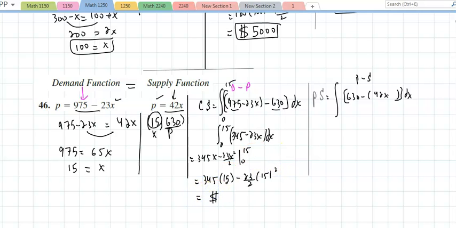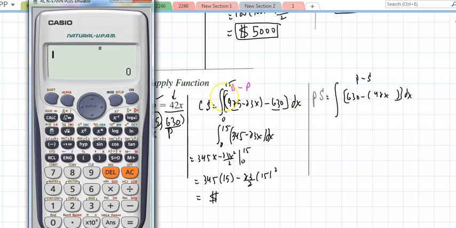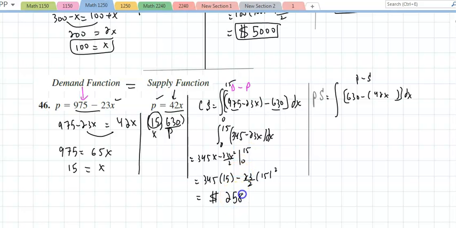So the consumer surplus would be 345 times 15 minus 23 times 15 squared divided by 2. $2,587 and 50 cents. So that's a good thing if it's positive.